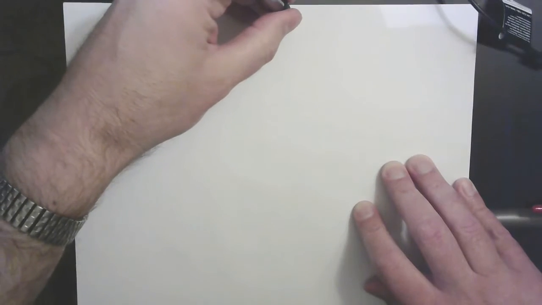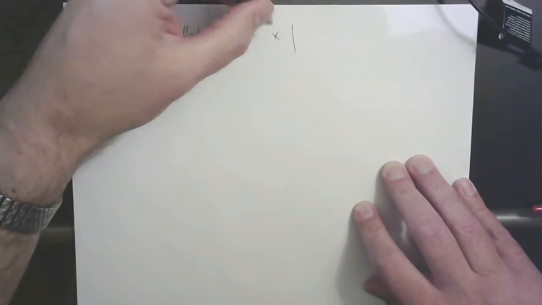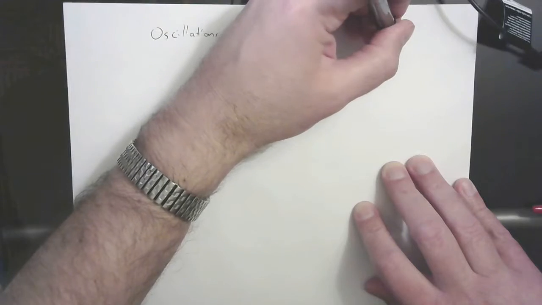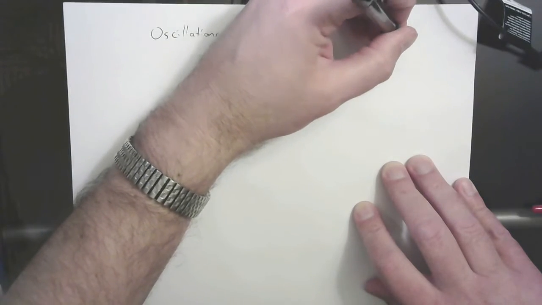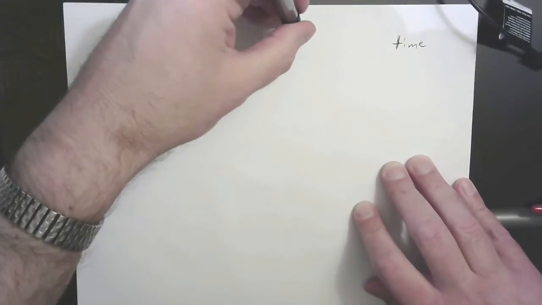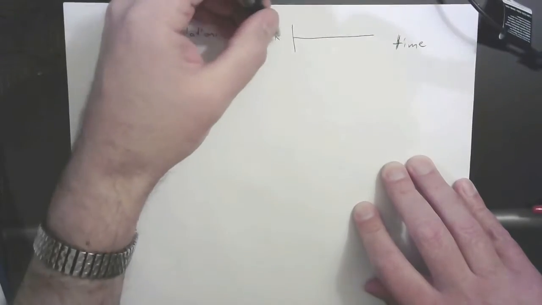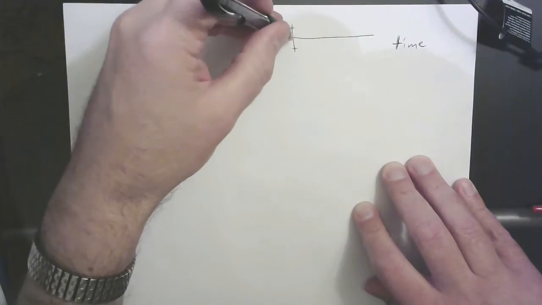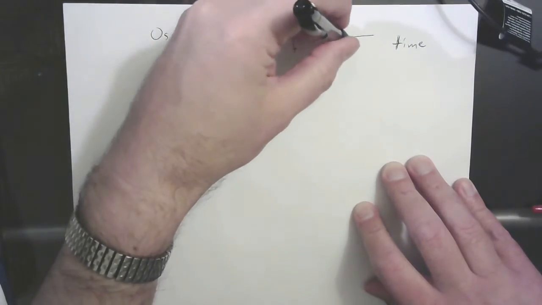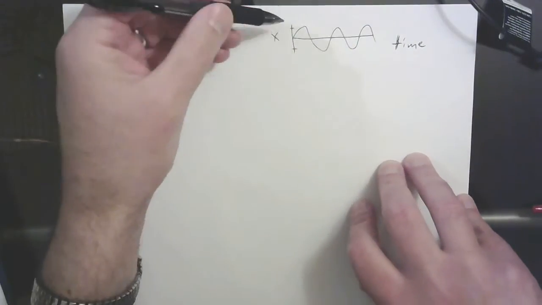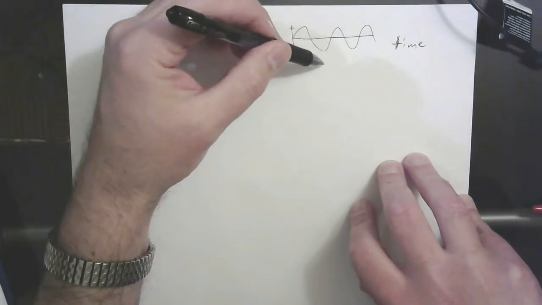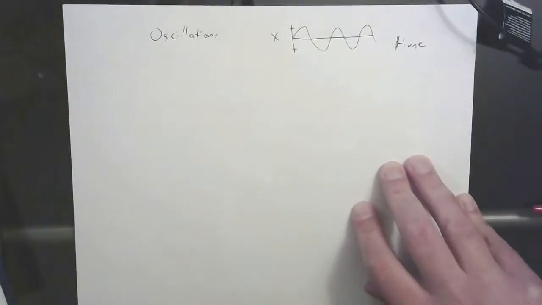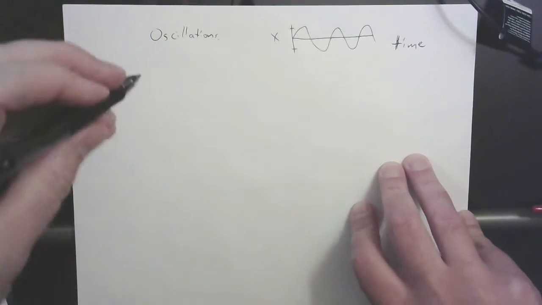If you look at a graph of position versus time, let's spell time with a T, shall we? So position versus time, generally speaking, an oscillation is going to look kind of like a sine wave. So it'll move one direction, then the other, then it goes back and forth with time.